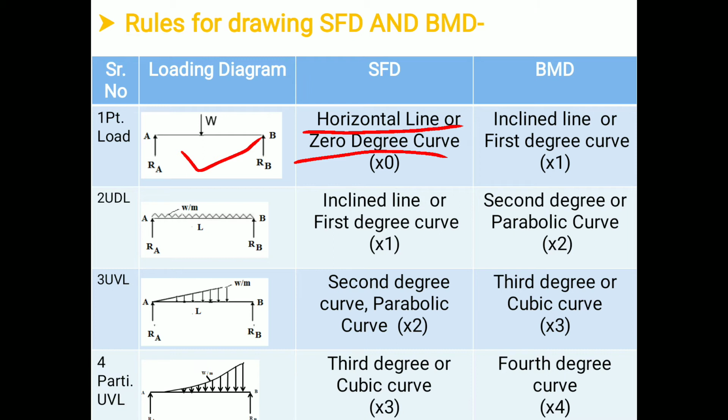So in the case of a point load you should observe a vertical or horizontal line in the shear force diagram, whereas in the bending moment diagram, between two point loads we have to join it by an inclined or straight line, so it becomes a first degree curve.